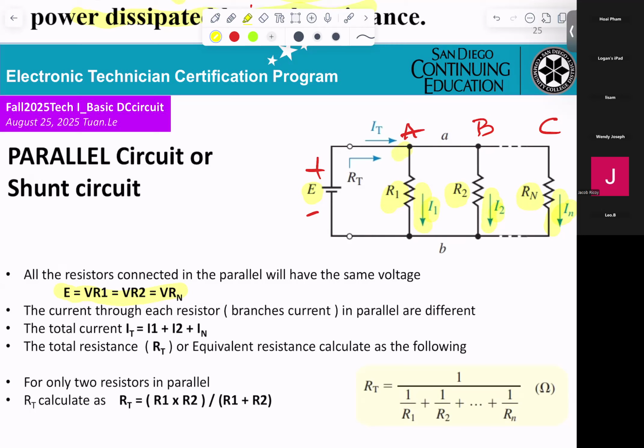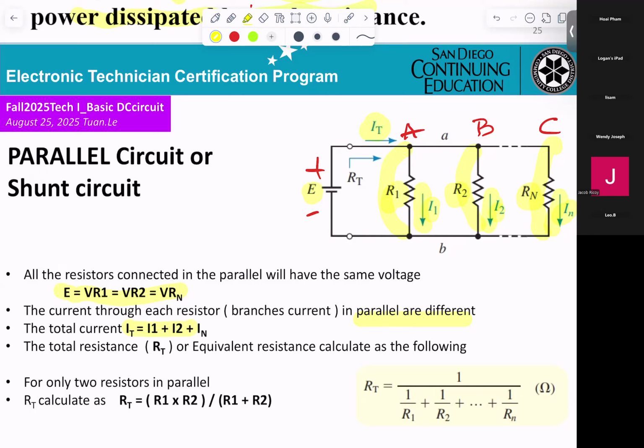That means the voltage measured right here is the same. Current will be different. Current through each resistor is different. I total equals I1 plus I2 plus I3.